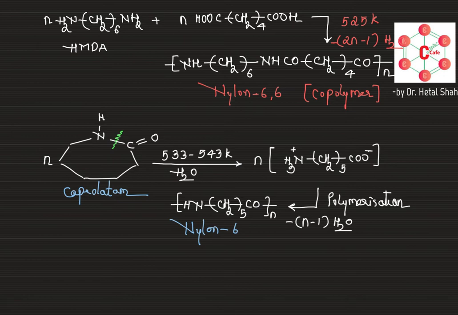And then you have a zwitterion which undergoes condensation to finally give you nylon 6. Because there is only one monomer, we call it nylon 6. And that monomer gives us 6 carbons. This is also a polyamide, and it should be a homopolymer.